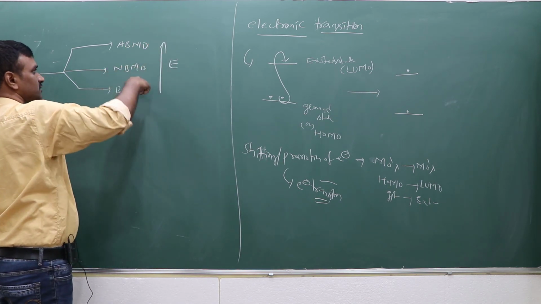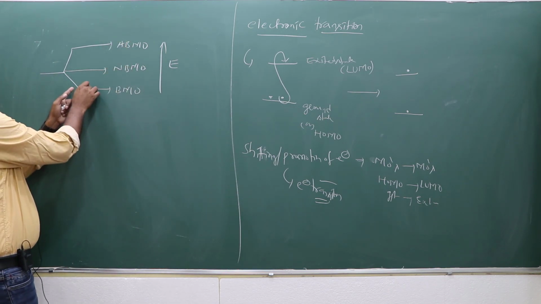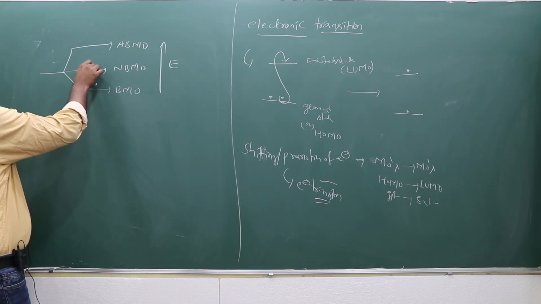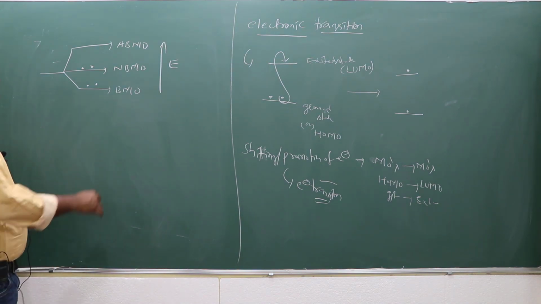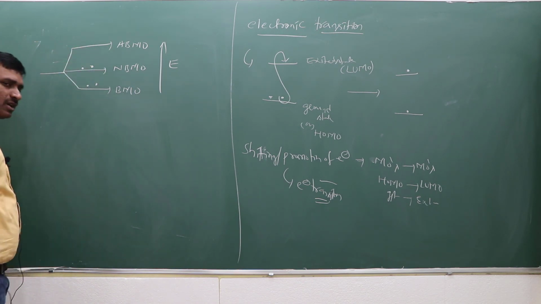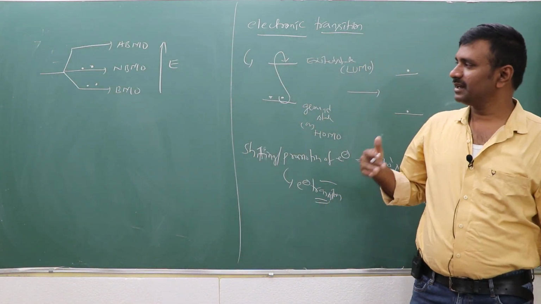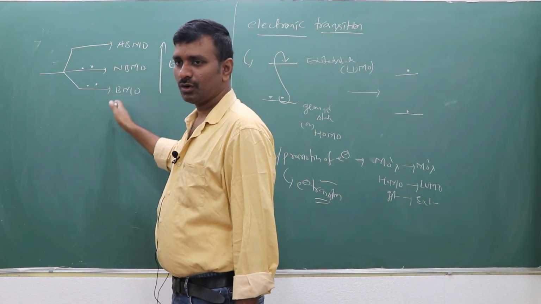The bonding molecular orbital has a pair of electrons, and non-bonding has lone pairs of electrons not participating in bonding. The anti-bonding molecular orbital is generally empty, since a node is generated. It is generally considered the LUMO level, while the other two are HOMO levels.